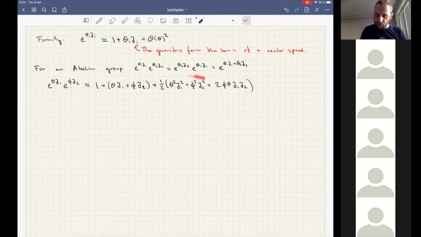The same is true for those two terms, but it's not true for those two terms, because instead of J1 times J2, I will have J2 times J1. So if I here put e to the phi J2, e to the theta J1, I'm going to get exactly the same thing, apart from here where I will have 2 phi theta J2 J1.